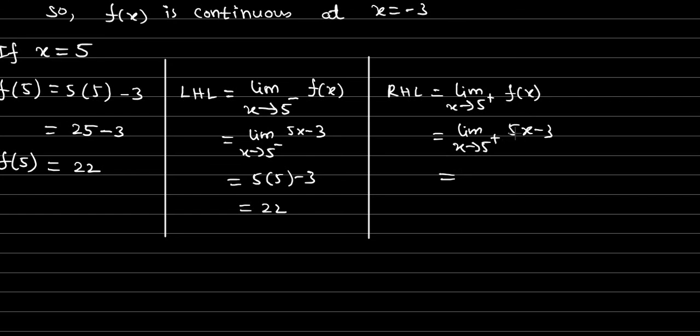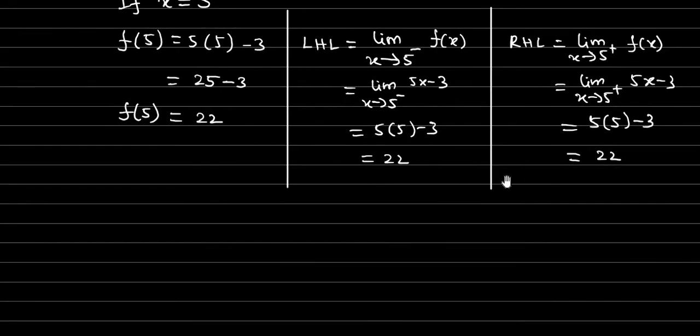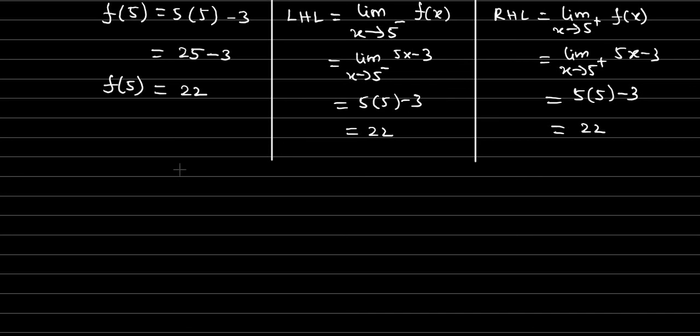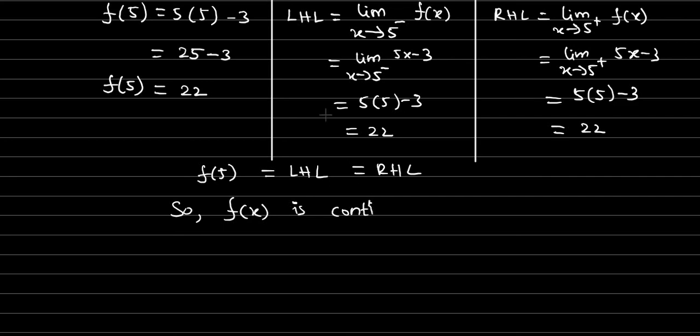All close values are approximately 5, so we directly substitute x as 5. Getting the same result. So all values coincide. So the f of 5 value, the left-hand limit and the right-hand limit are the same. So f of x is continuous at x equal to 5.